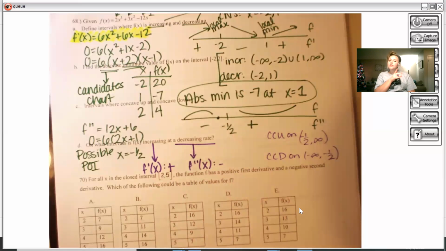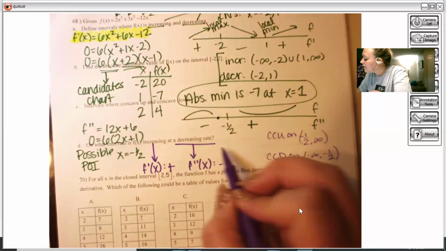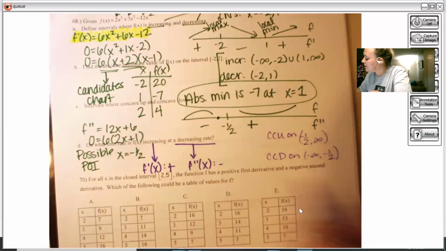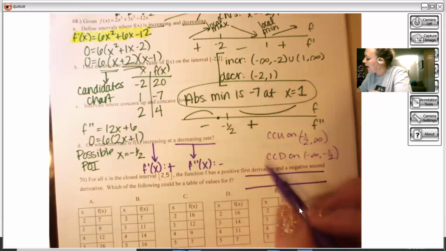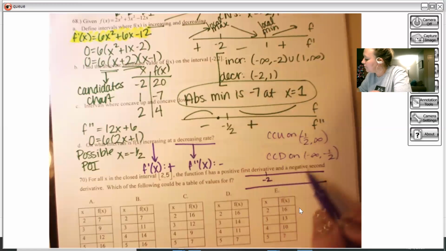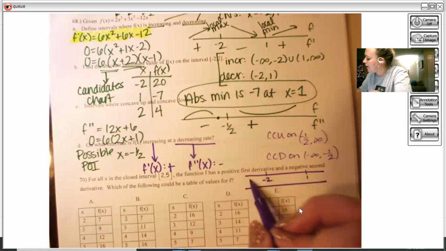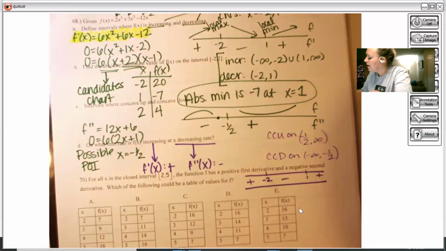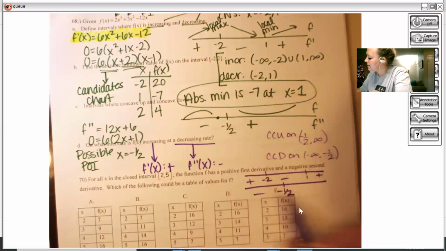You can redraw the line chart if you want to. I'm going to, but you probably don't need to. So let's just squeeze it in right here. I had -2 and +1, and I went plus, minus, plus, and I had -1/2, and I had minus, plus.